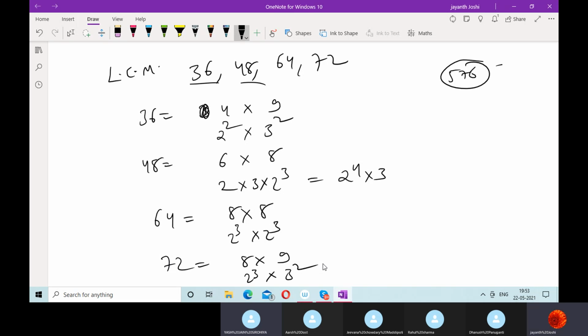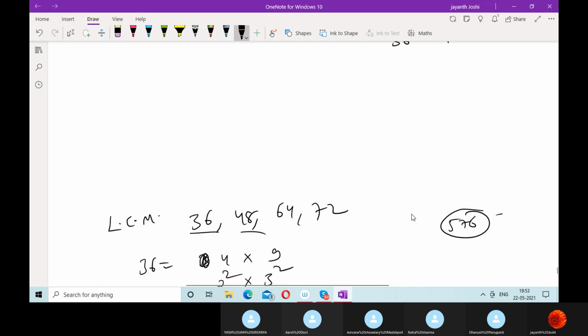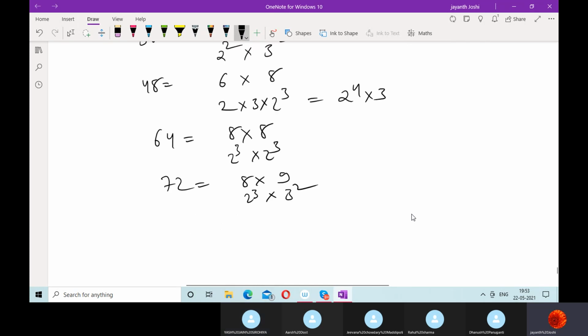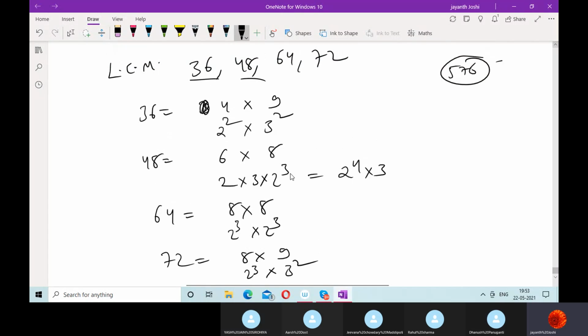What can we take? We can take 2 common because it is in everything. Now we can take the biggest power of 2. Correct? So the biggest power of 2 would be what here? 2 power 6.